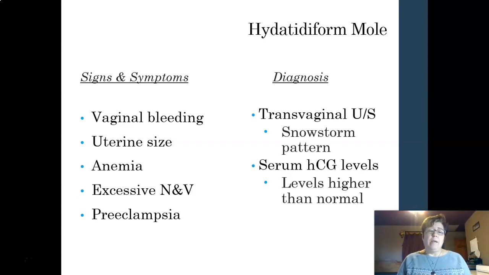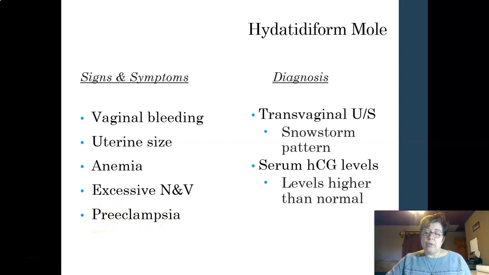The woman may become anemic because of the bleeding that is caused, and they typically will complain of excessive nausea and vomiting because of increased estrogen levels and the HCG levels that occur with this type of condition. One other key factor that happens with the hydatiform mole is preeclampsia sometimes.